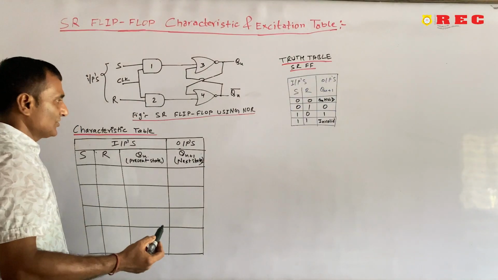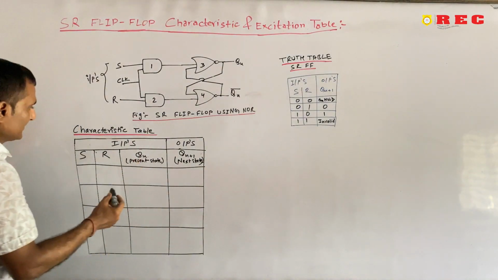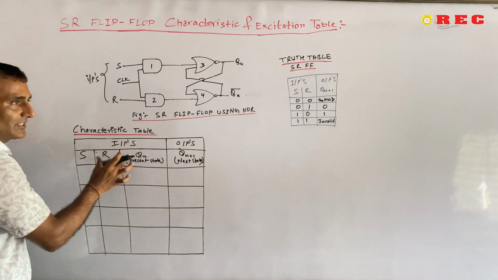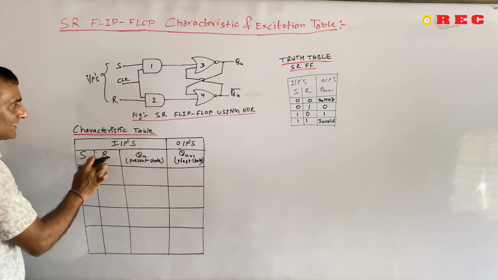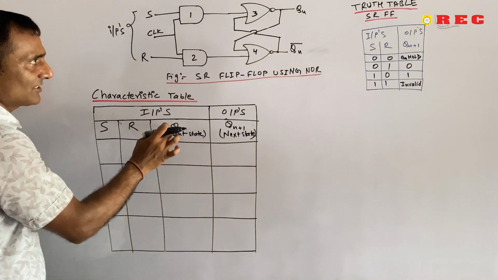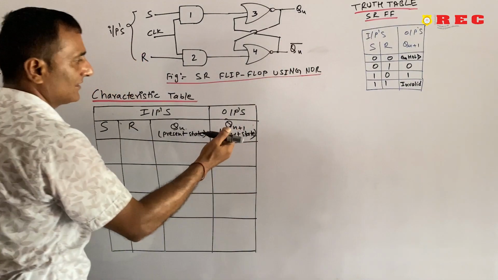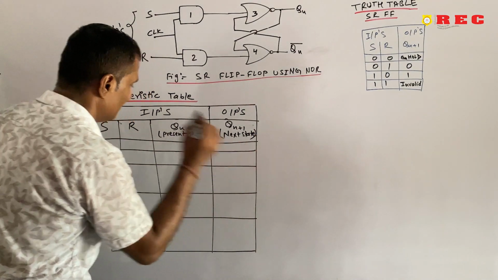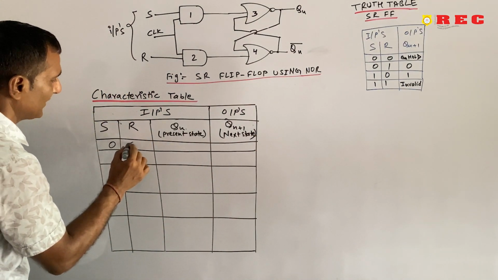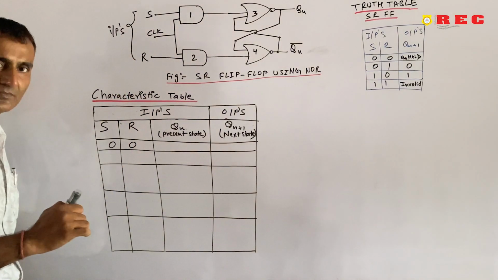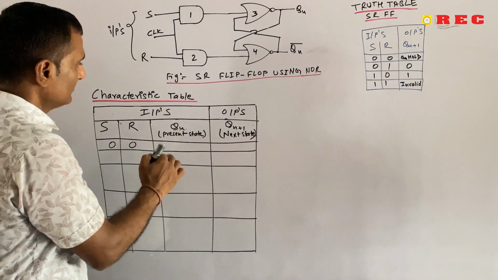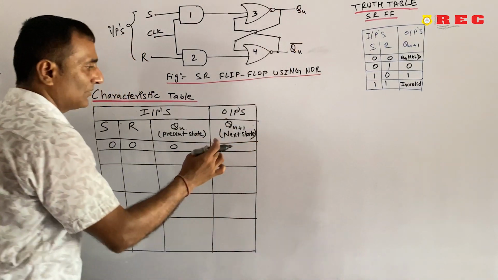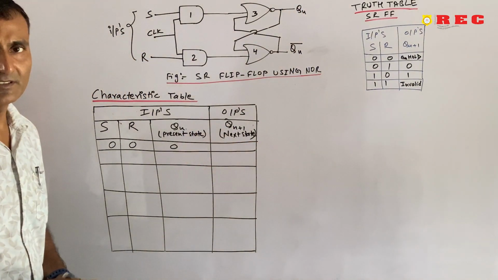By the help of this table, we will see here. See, this is the characteristics table. In this, there are inputs and outputs. In input, there are S and R, and this is the present state, this Qn, and what will be the next state. So suppose, firstly S will be 0 and R will be 0, and assume Qn will be 0, then what will be the next state?